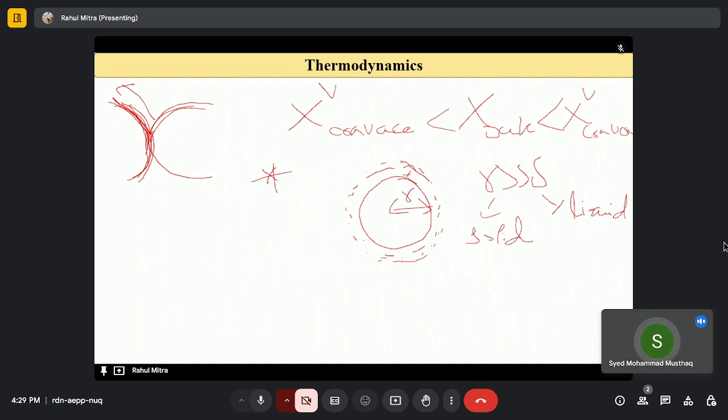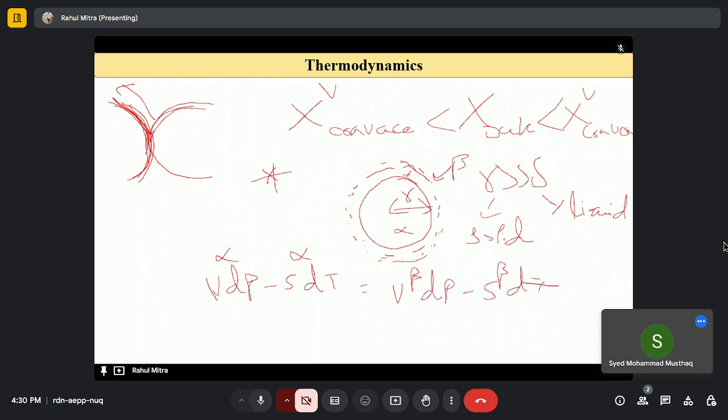Then again from the Gibbs-Duhan equation, V dP minus S dT, for alpha and beta, we get delta V dP equals delta S dT.